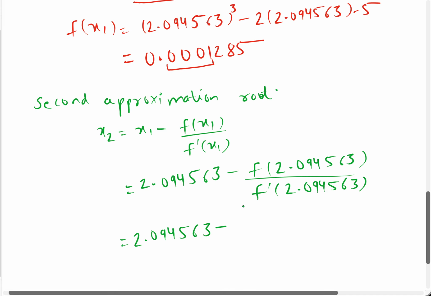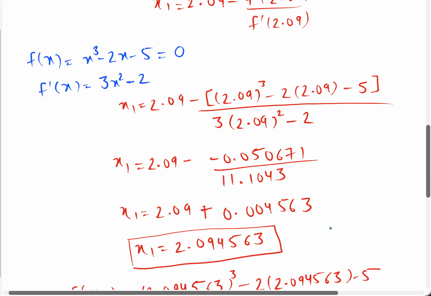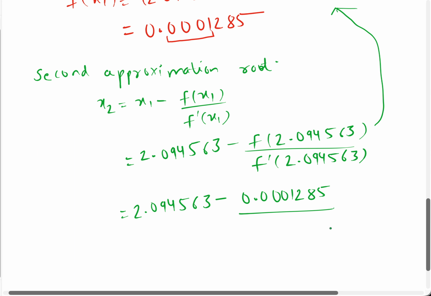So 2.094563 minus, I think this we have already calculated here. You see, this value I have already calculated, so I can directly put 0.000125 upon f dash x. What is f dash x? 3x squared minus 2. Three times 0.094563 squared minus 2.